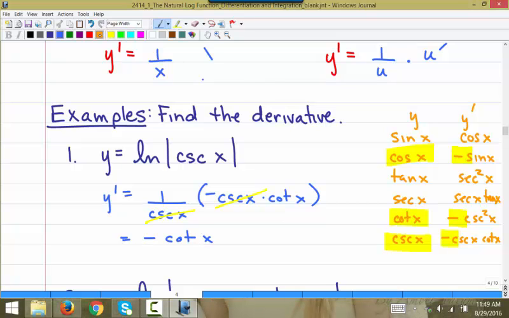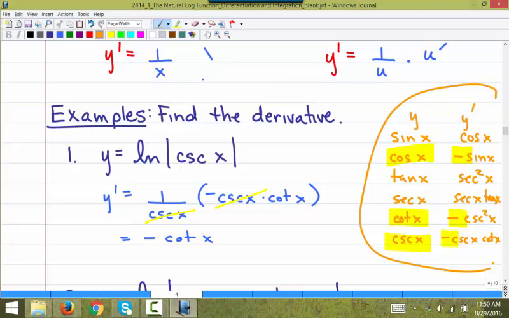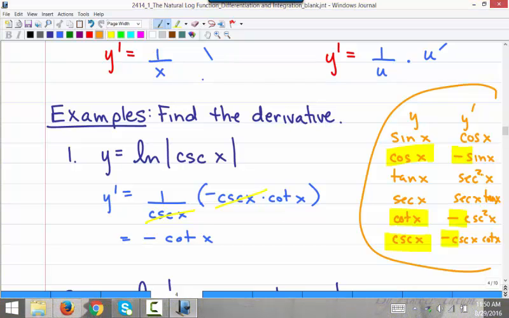Okay, all the stuff in the orange, guess where it is? It's on your formula sheet. But that's something that you should be able to do. Now, I took Cal 1 probably before y'all were born. To this day, if I have to do secant or cotangent or something, I still go through this list in my head. I do it quickly, but I still go through that list. That's how I memorized it.